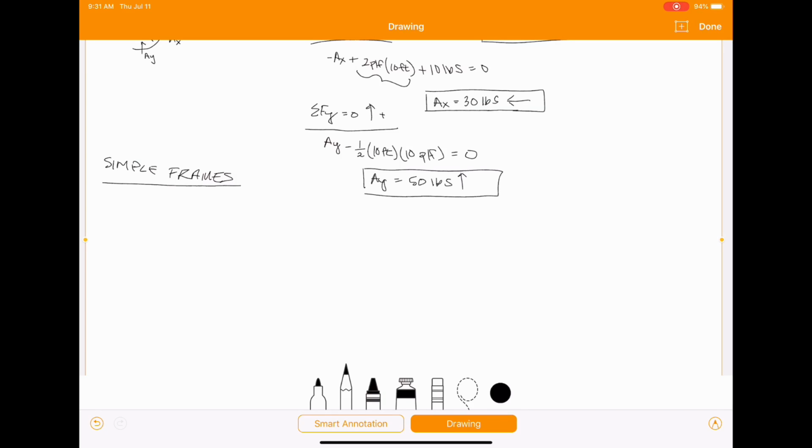So let's just say there's this box or crate of some sort, and it's being held up by some rope that is attached to a pulley.